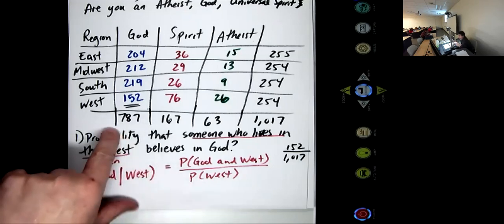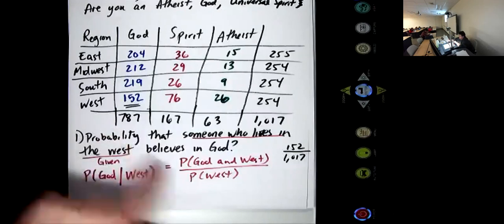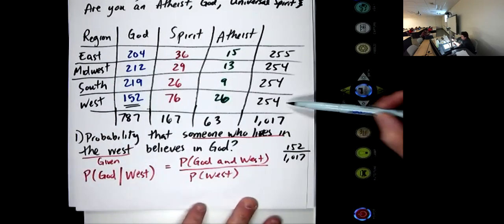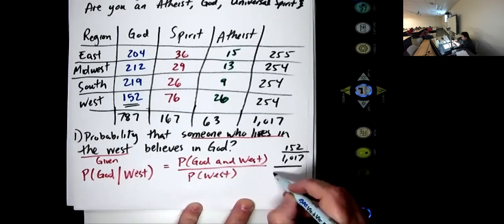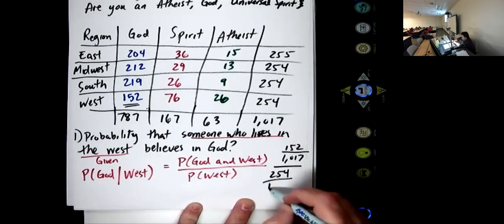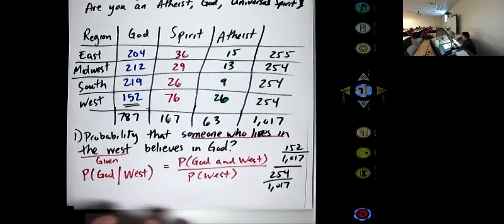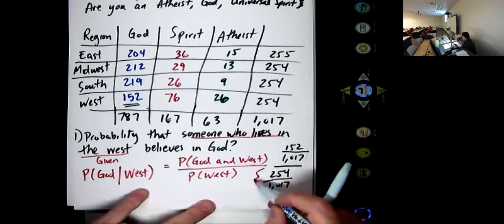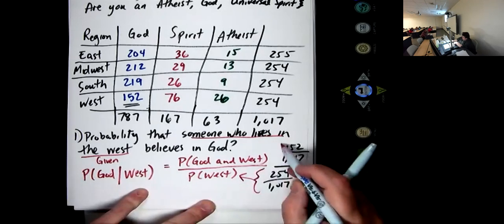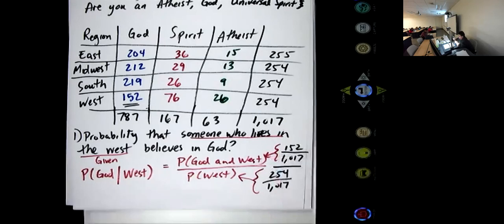And the probability that someone lives in the West, there are 254 people that live in the West out of 1,017. So this is the West part, and that is the God and West part.